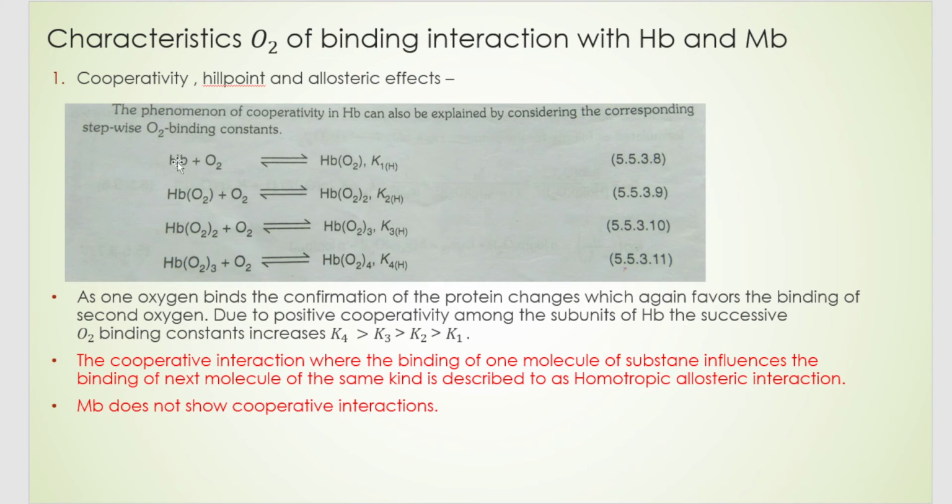One oxygen binds, so the conformation of this hemoglobin molecule changes, which helps in binding the second oxygen molecule. When it binds to the second oxygen, in the same way it prefers to bind one more oxygen. So oxygen affinity goes on increasing, because as soon as one oxygen binds, it prefers to bind one more oxygen.